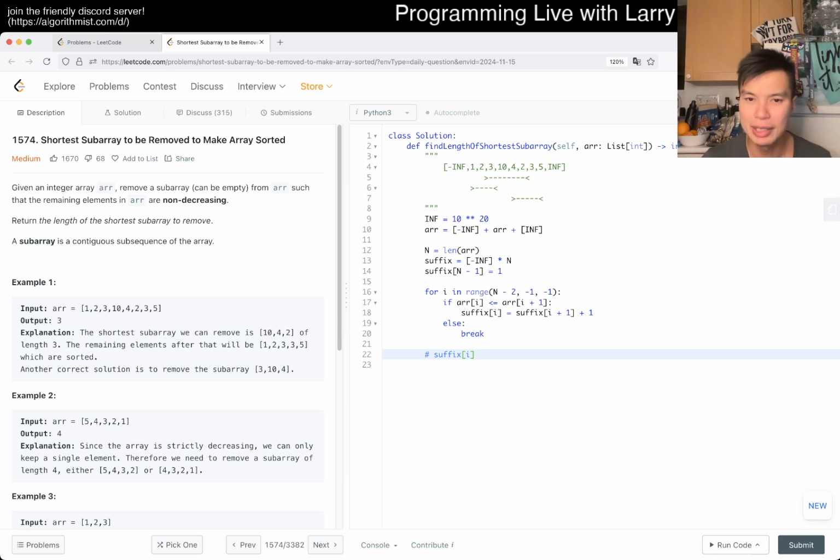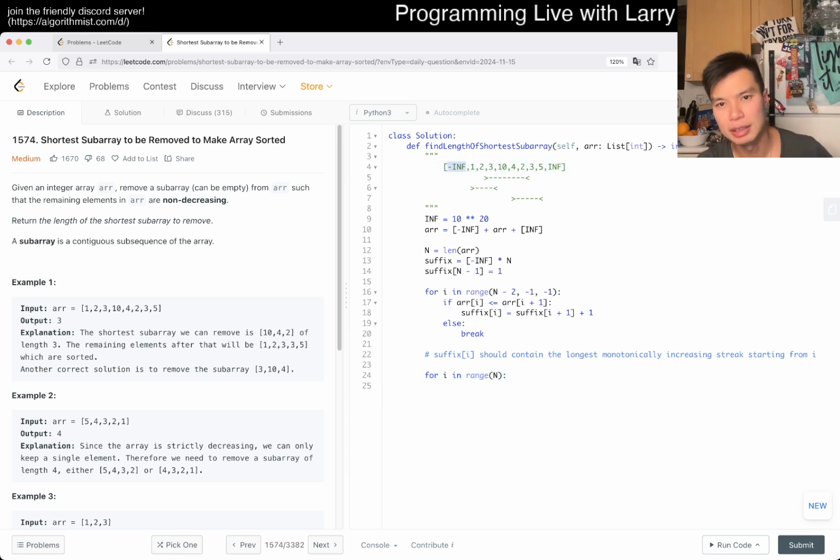Suffix sub i should contain the longest increasing streak, or non-decreasing as they call it, longest monotonically increasing streak starting from i, which is only one number because it goes all the way to the end. But now you have for i in range from 0 to n, and this one you do want to be 0. And the negative infinity is interesting, right?